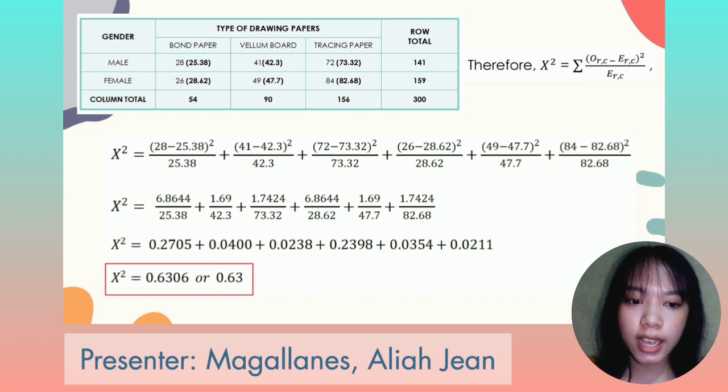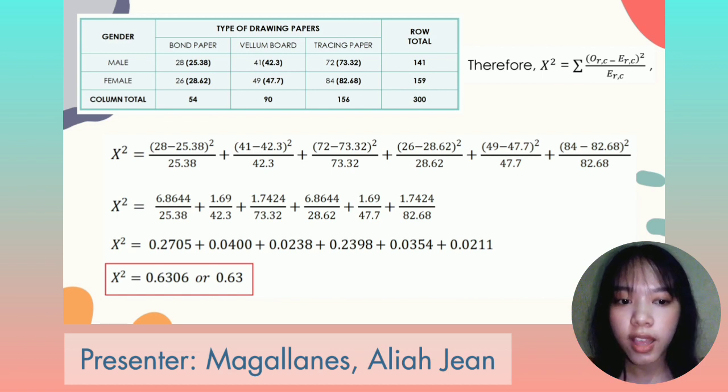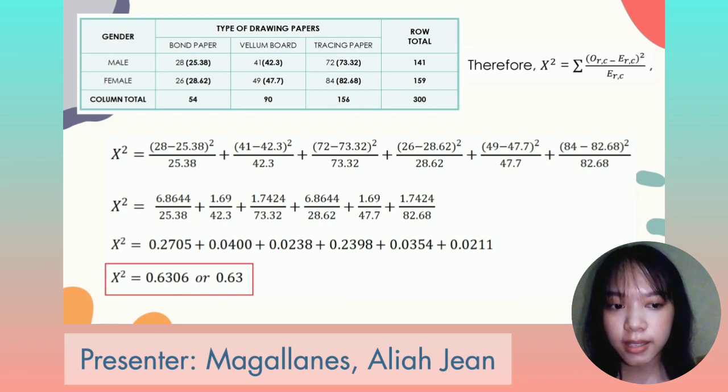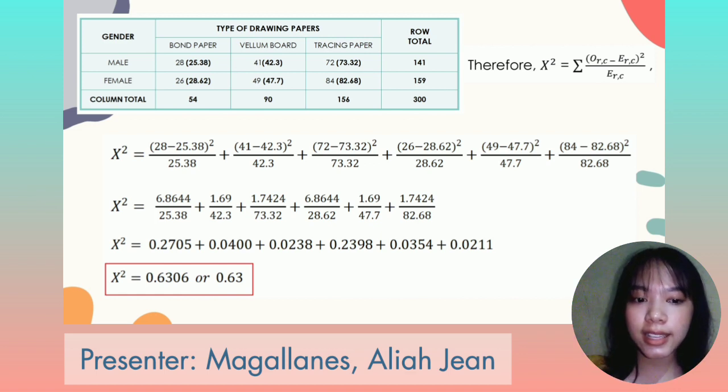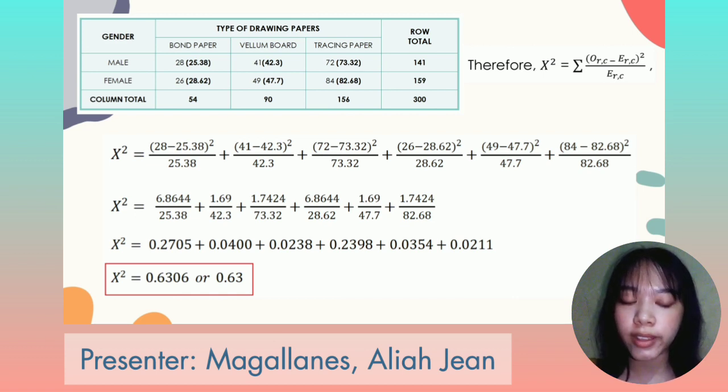Then that gives us x squared equals 0.2705 plus 0.0400 plus 0.0238 plus 0.2398 plus 0.0354 plus 0.0211, which then gives us x squared equals 0.6306 or 0.63.